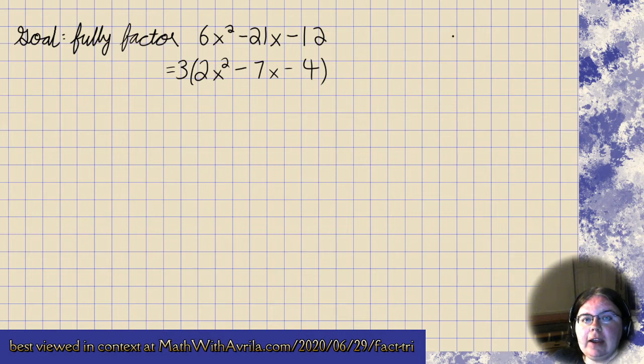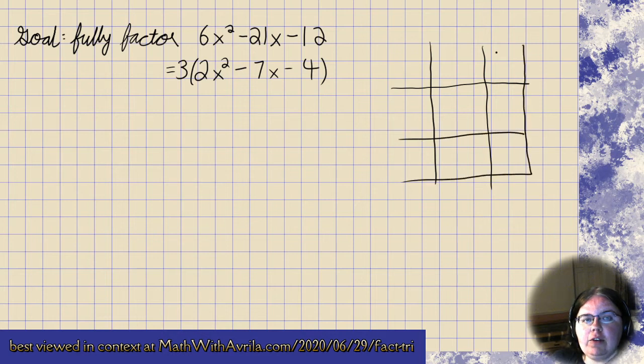And now here's what I know. Or at least if this is factorable, here's what I expect to see. I'm expecting to find out that if I box out a multiplication of two binomials, something x there also, and then some number, and did that multiplication, I would get 2x squared here and negative 4 there, and when I combined my like terms, I would get negative 7x.